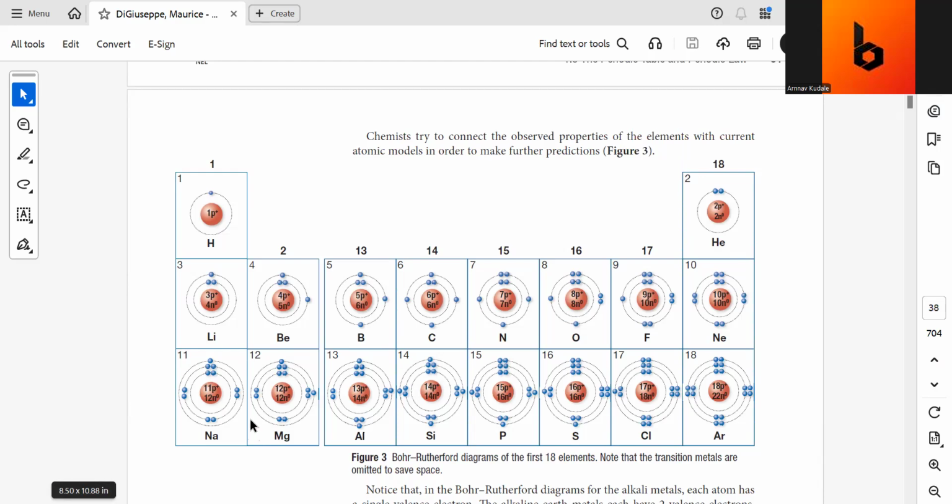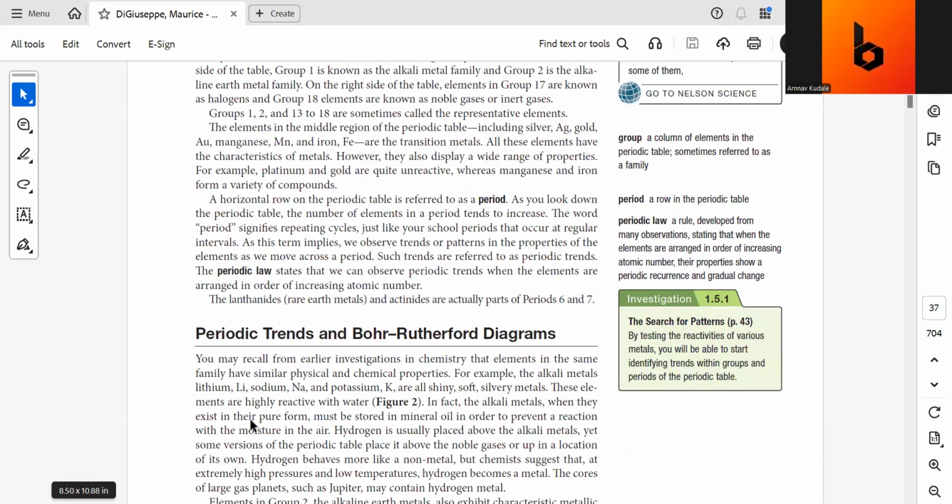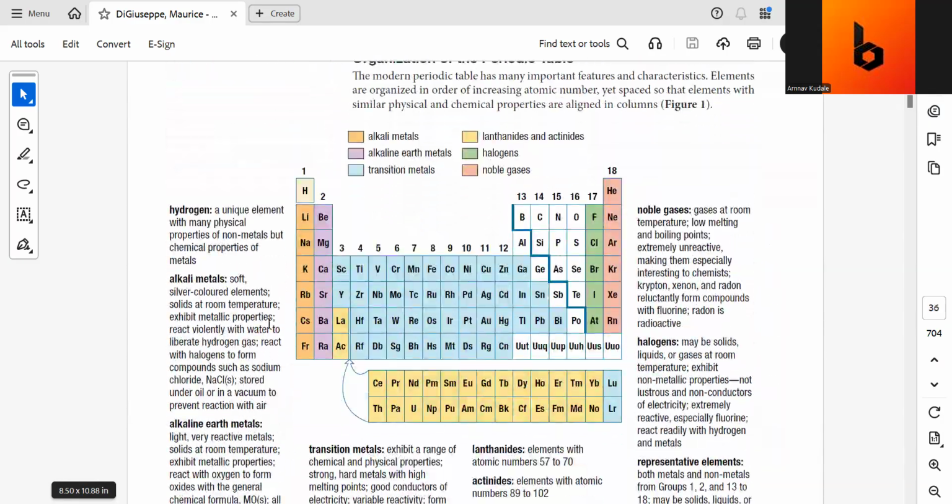So as you go from top to bottom in the periodic table, the shells are increasing. And if the shells are increasing, what will happen to the size? They will also increase. So as you go top to bottom in the periodic table, atomic size increases.